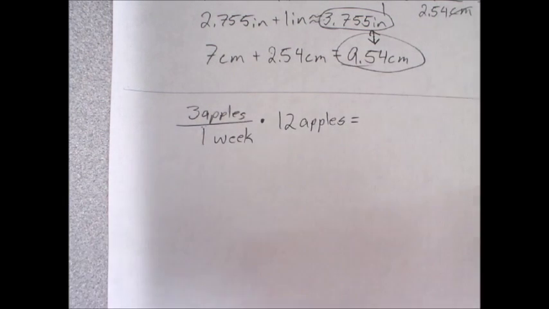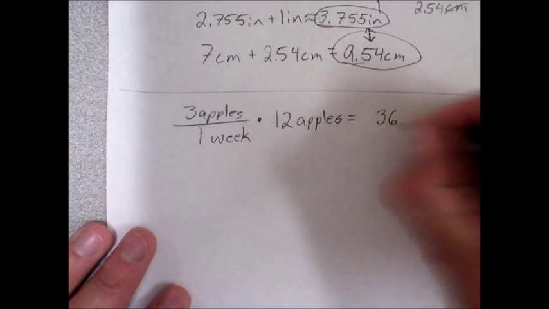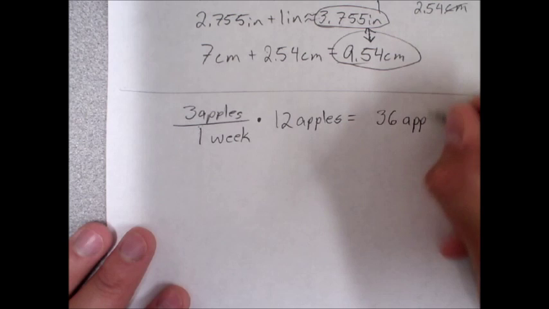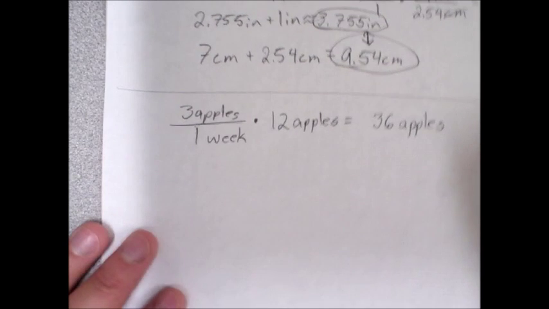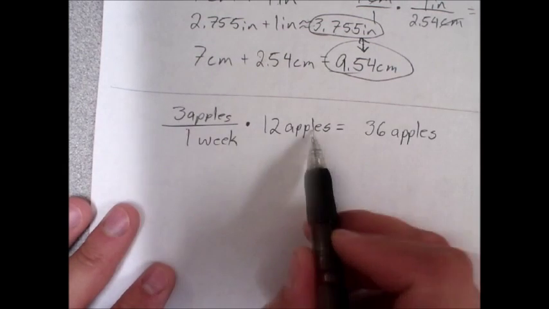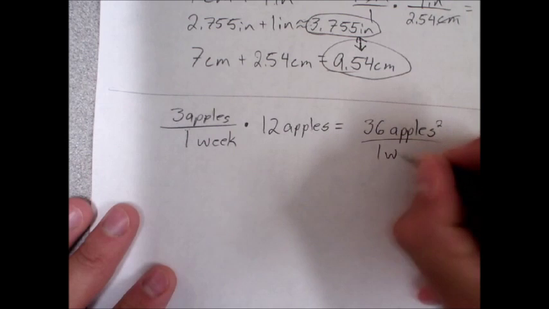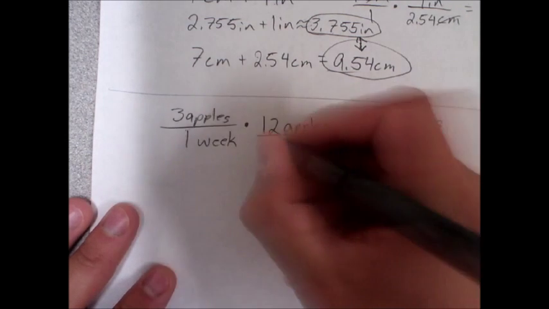So when I multiply this straight across, I'll get 3 times 12, which gives me 36 apples, which of course does not what? Doesn't make any sense, right? I multiplied apples times apples, so I actually have apples squared per 1 week because I multiplied the bottom pieces too. I have to multiply straight across.